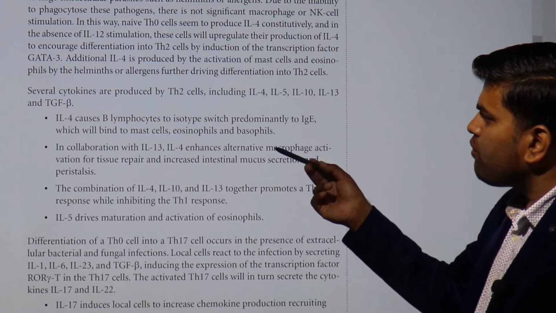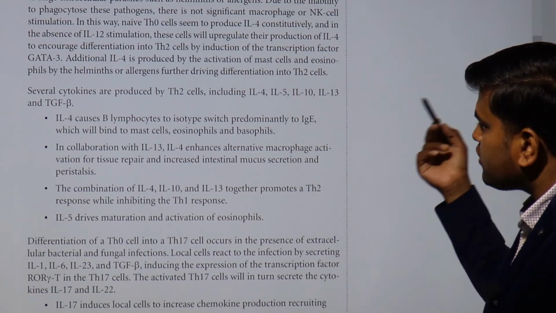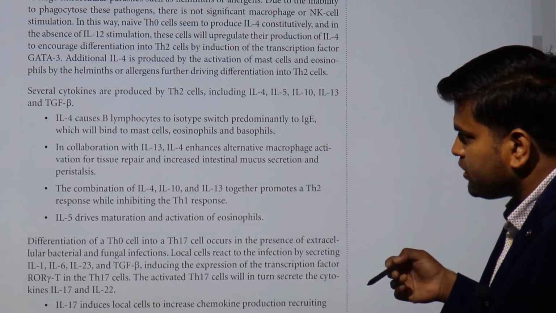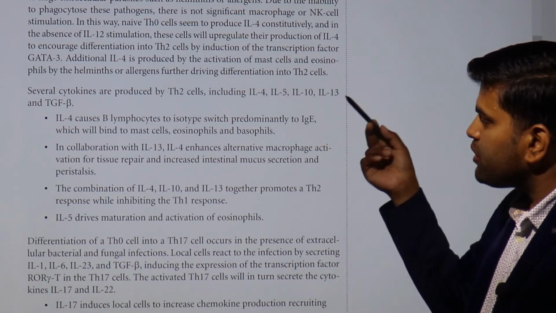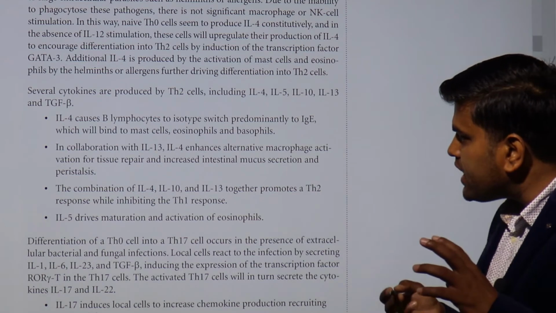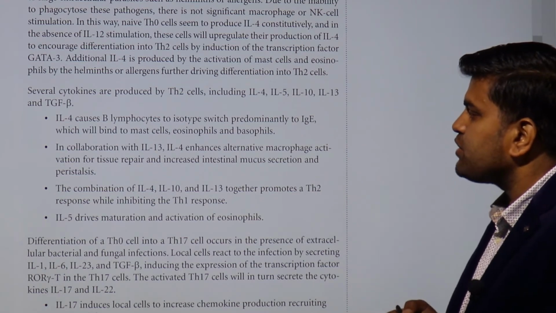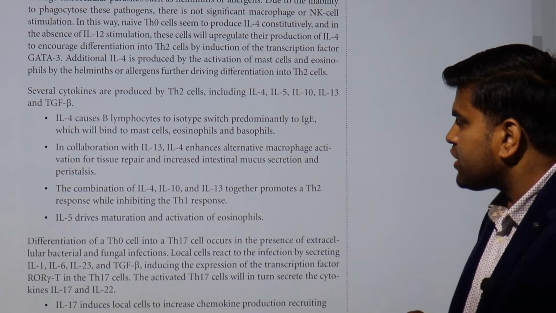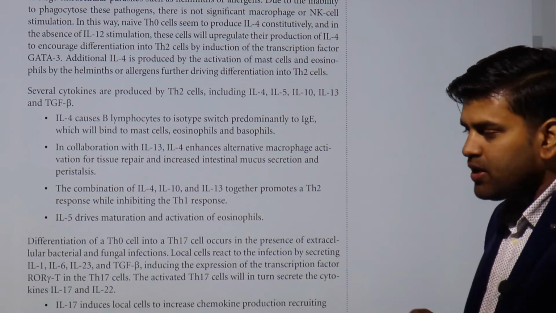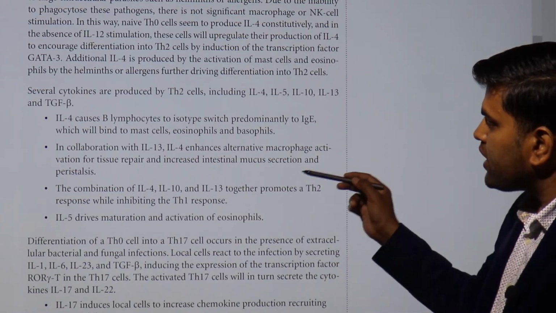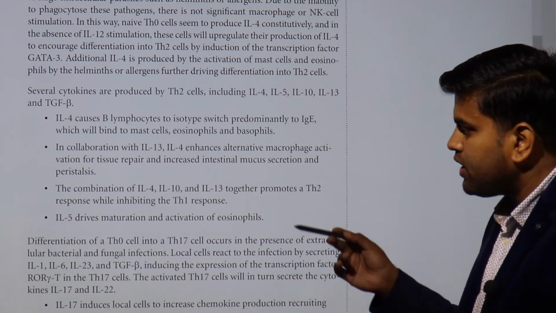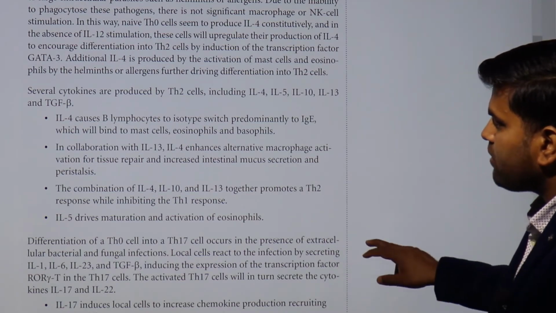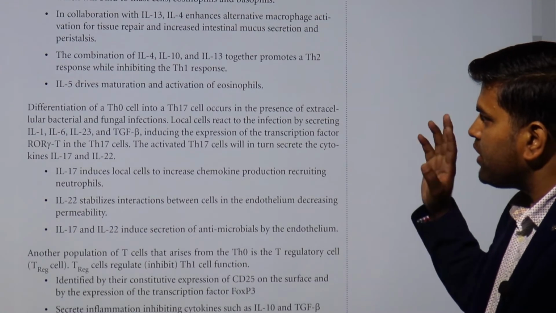The interleukin 4 causes the lymphocyte to isotype switch predominantly to immunoglobulin E, which will bind to the mast cell, eosinophil and basophil. In collaboration with interleukin 13 and 4, it enhances the alternate macrophage activation for tissue repair and increases the intestinal mucosal secretion and peristalsis. The combination of interleukin 4, 10 and 13 together promotes the Th2 response while inhibiting the Th1 response, and interleukin 5 drives the maturation and activation of the eosinophil.